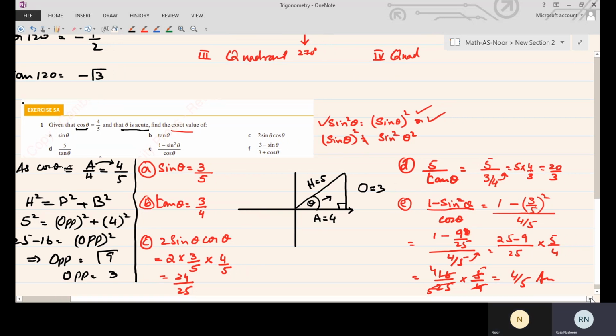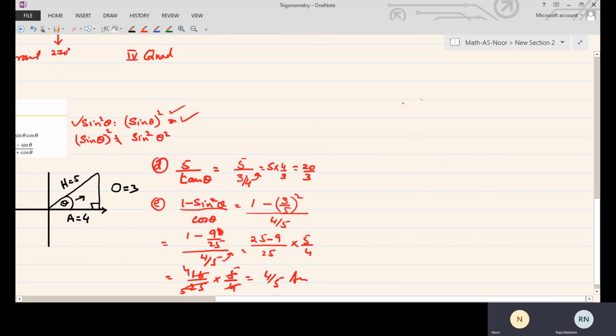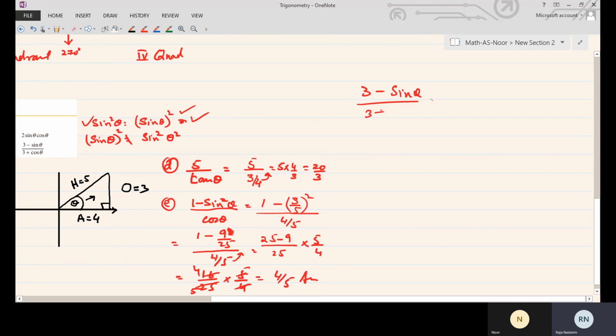The final answer is 12 by 19. It is (3 minus sine theta) over (3 plus cos theta). So 3 minus 3 over 5, and cos theta is 4 over 5, so 3 plus 4 over 5. 5 times 3 is 15. 15 minus 3 is 12 by 5. 5 times 3 is 15 plus 4 is 19 by 5. So the final answer is 12 by 19.